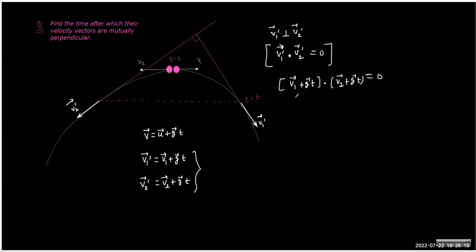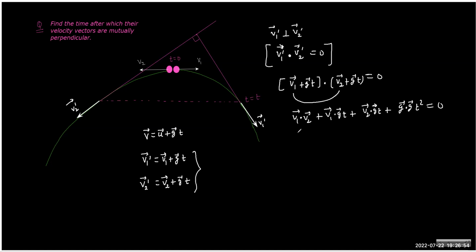Now play with the dot: V1 dot V2, plus V1 dot GT, plus V2 dot GT, and the last is GT dot GT, which is G dot G into T square, because I can take T separate.